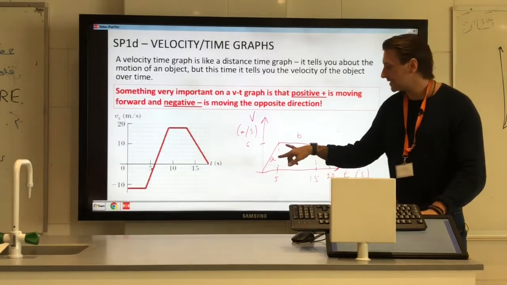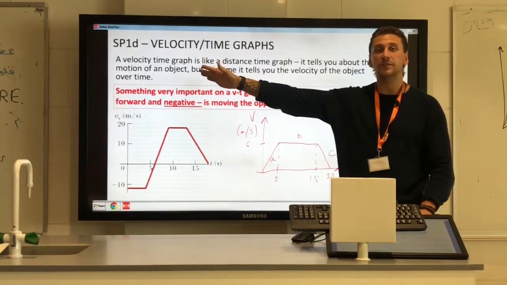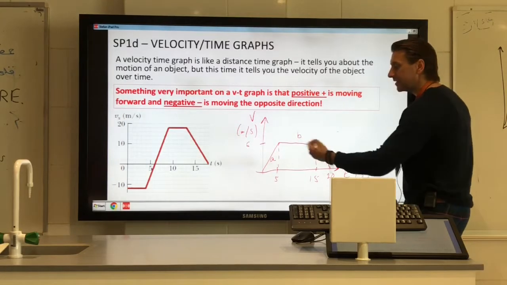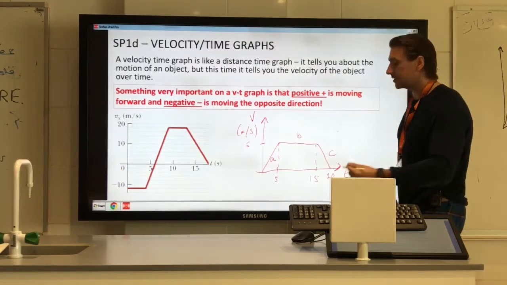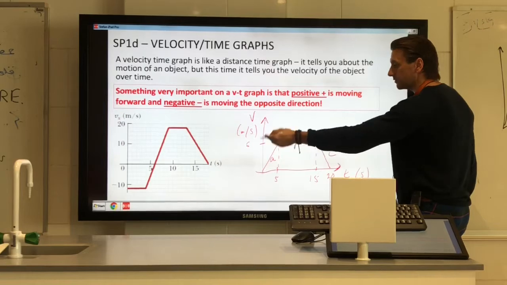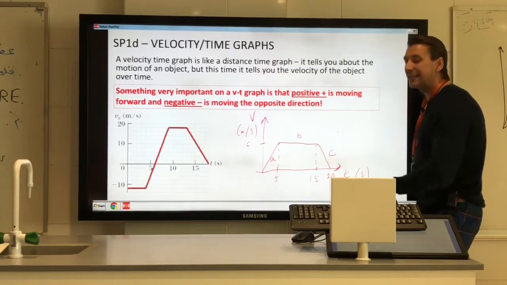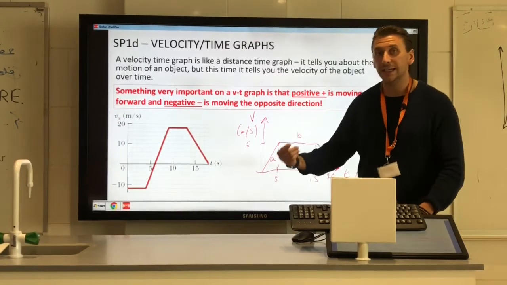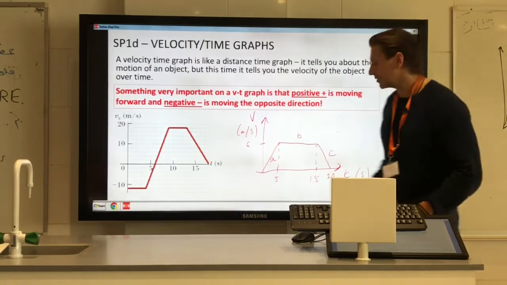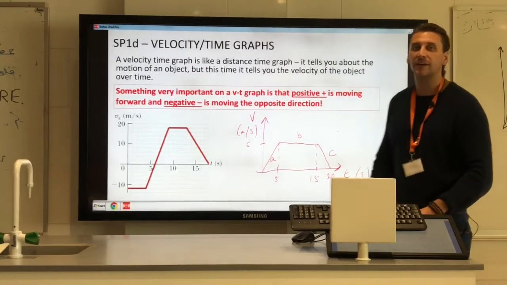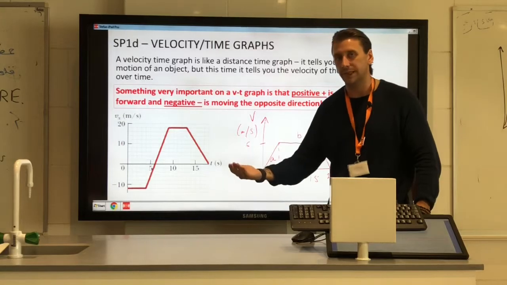This is a forwards acceleration, speeding up. This gradient is 0, it's flat, there's no gradient, so acceleration is 0, constant velocity, and this one is a deceleration, so it's slowing down, still forwards. So this one would be 6, again divided by 5, but it would be negative because it's slowing down.